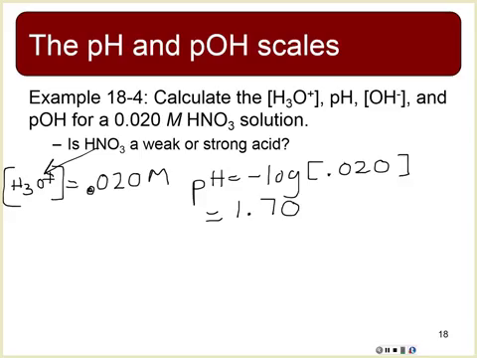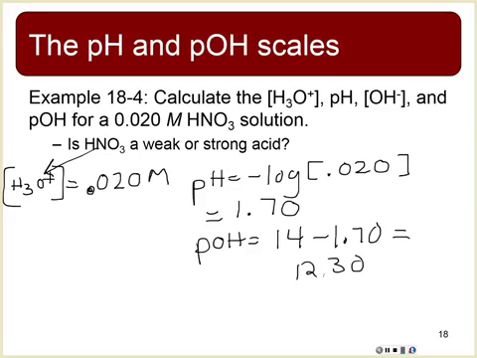We're going to do both routes that you could go through, but this is just what I do. I see my pH is 1.70. I go ahead and get my pOH because I know it's got to be 14 minus 1.70. That's just personal preference. So it's got to be 12.30. To me, that's just quick.